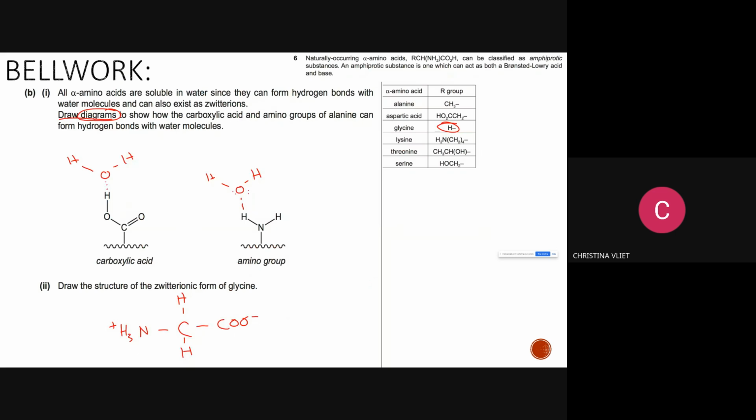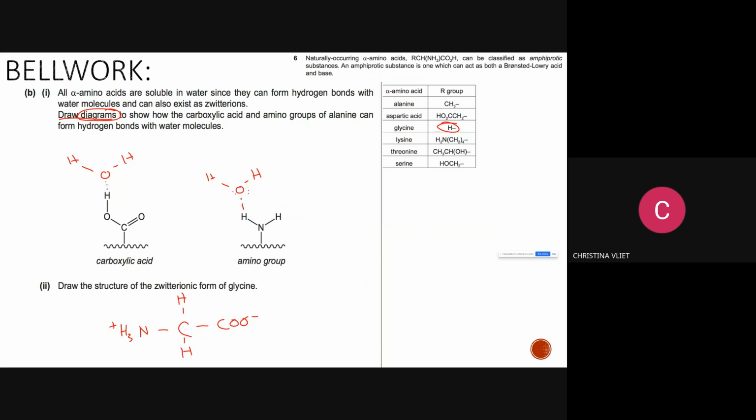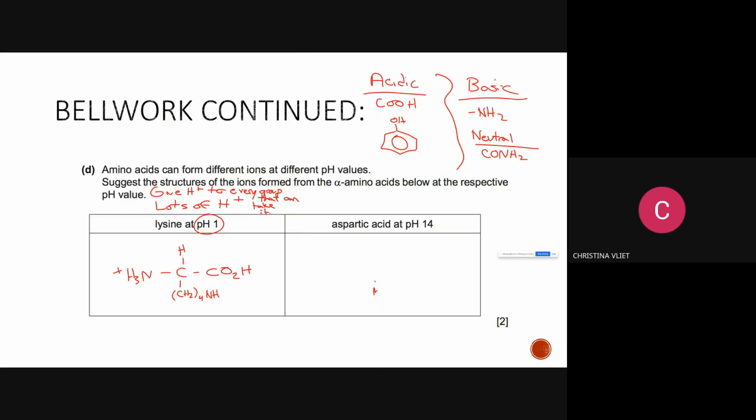Attached at the carbon, not at the amine. I think a couple people accidentally made mistakes with that. The carbon gets attached, not the amine. This would be NH what? NH3 plus. Because this is a basic group that's turned acidic because it's in low pH.